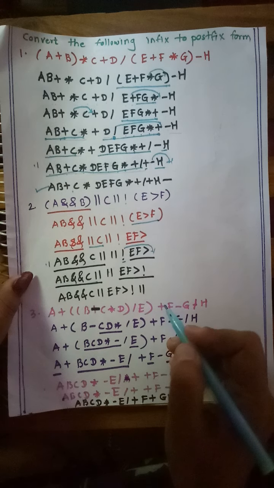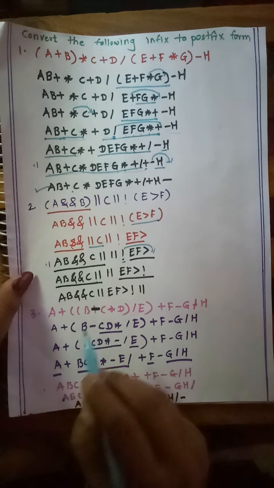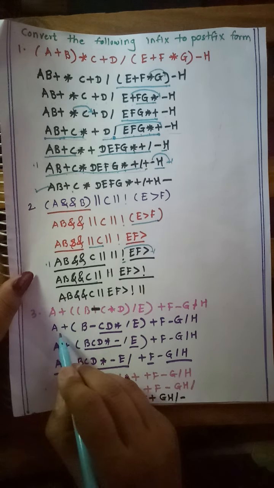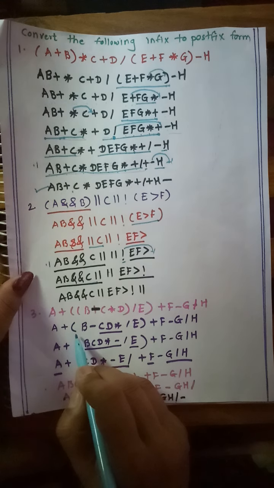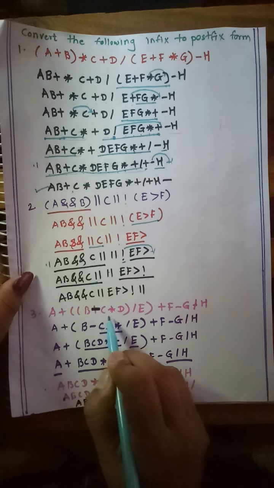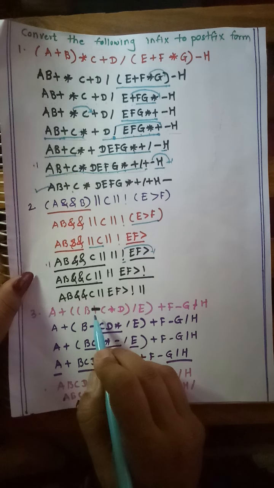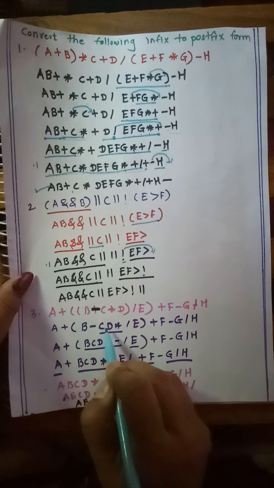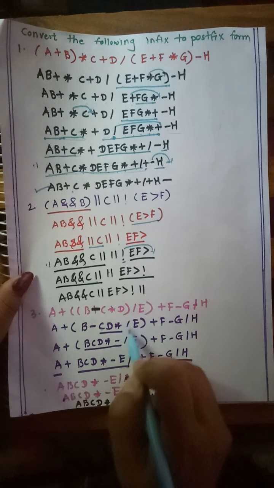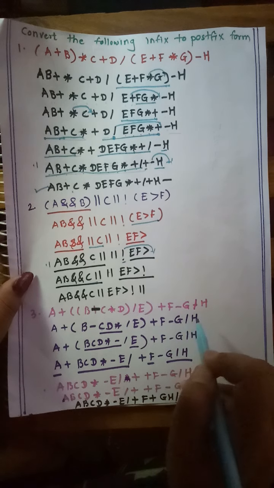We have to remember that we have to solve brackets first. Here A plus, here is the bracket, B minus C D star. This star multiplication has higher priority than the minus sign, so this expression will be evaluated first: C D star slash E. This bracket is closed, plus F minus G slash H.